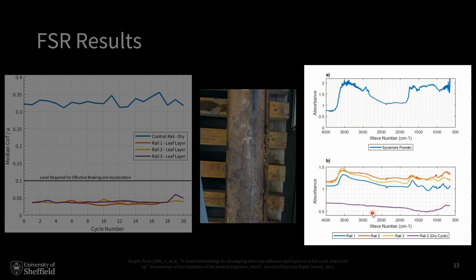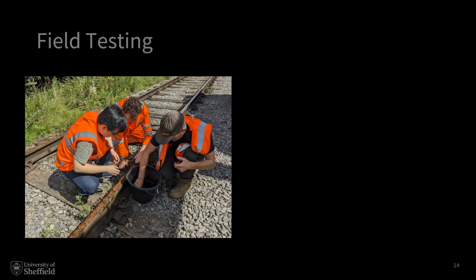Purple is just the dry rail, the control rail. It was also compared to some layers that we found in the field and looked very similar, so that's really positive.